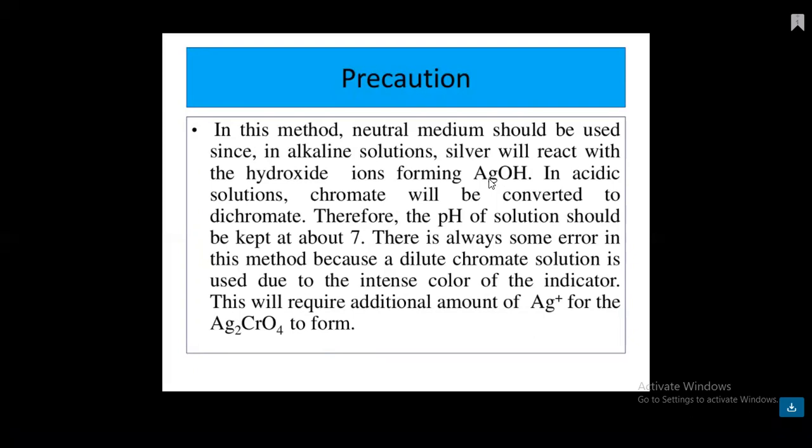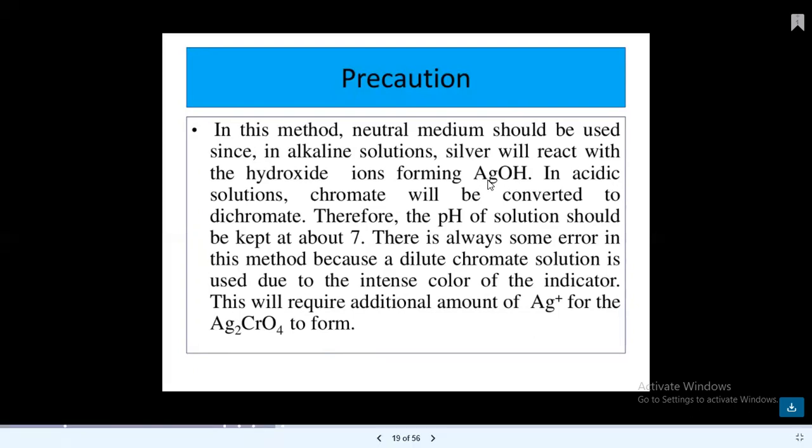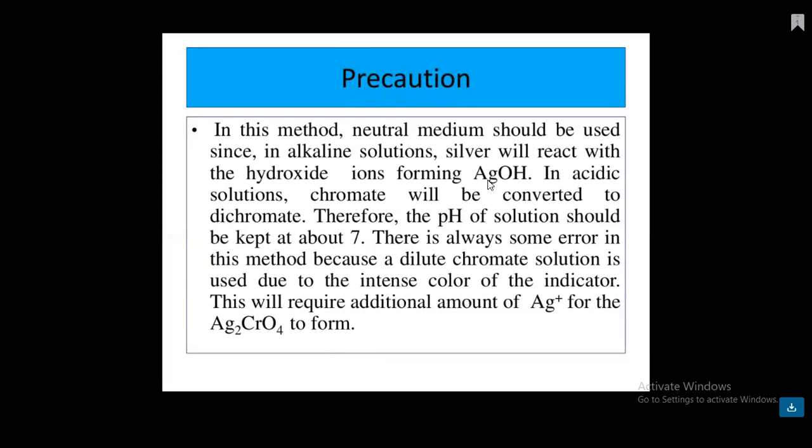When these metals are present in water at a higher alkaline pH, the possibility is that they will convert into the hydroxide, and this hydroxide is a very stable one. So the silver is not available for the reaction for forming the precipitate. So avoid this.